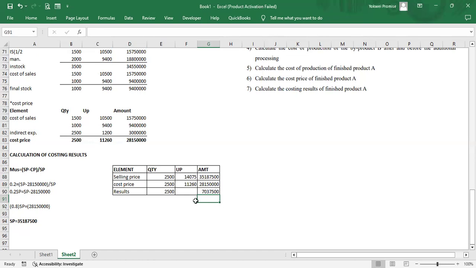Awesome. It's the same thing that I'm having here, right? Yes. So this equals this divided by this. So this will be our costing result.